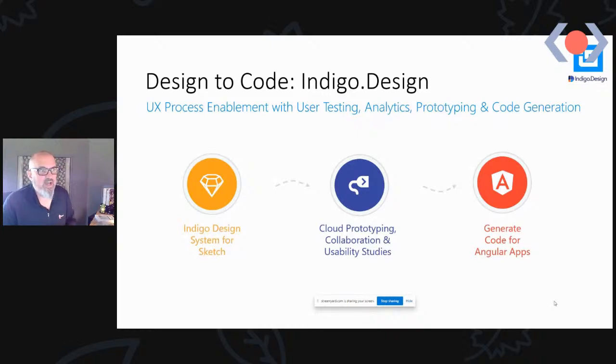The beauty of this product is that we start with the design system. The design system is based on our Angular product. So what that means is if you're using a tool like Sketch, your design team, and you're creating screens in Sketch, you're using the Indigo design system, you can generate Angular apps with our components, and you're going to see how that happens today.